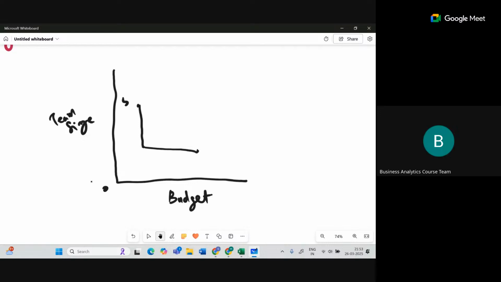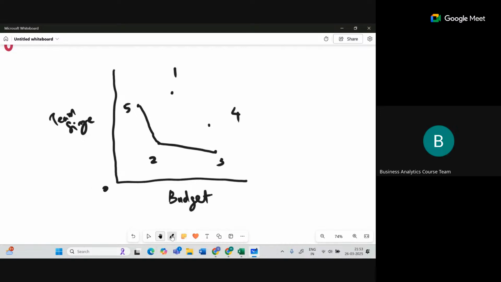This is a bad drawing. Then let's mark two more points here and here. This could be 1 and 4.